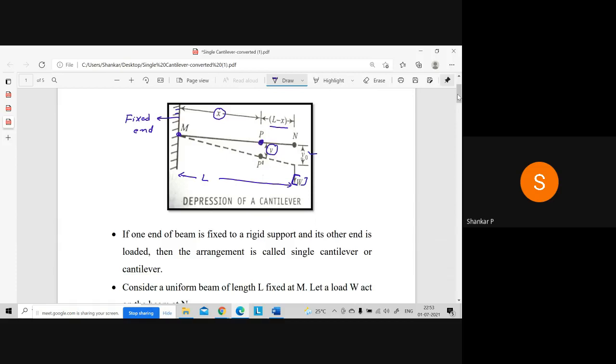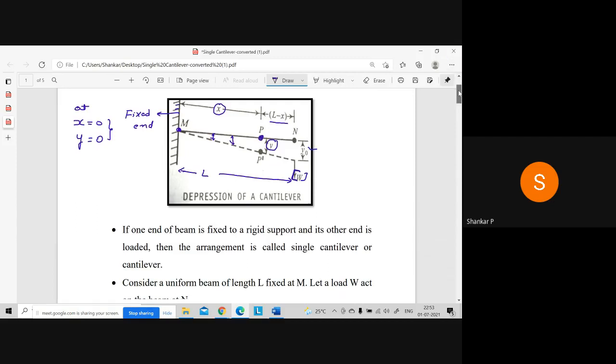As we move near to the fixed end, the depression decreases, and finally at the end M the depression is 0. So we can write at x equal to 0, depression y is equal to 0. This will help us in further derivation.